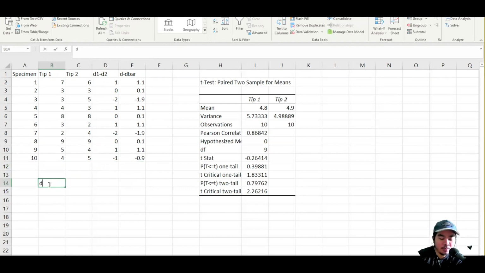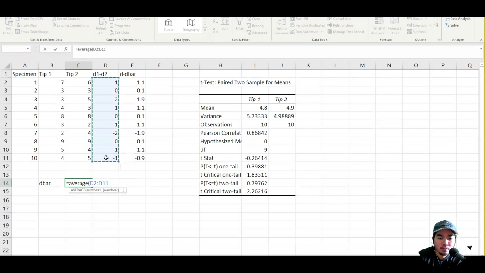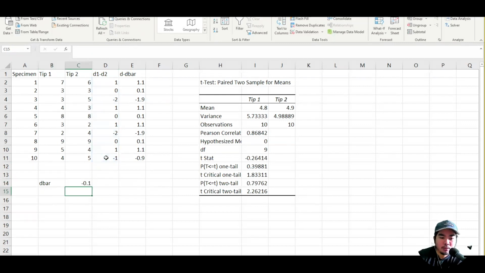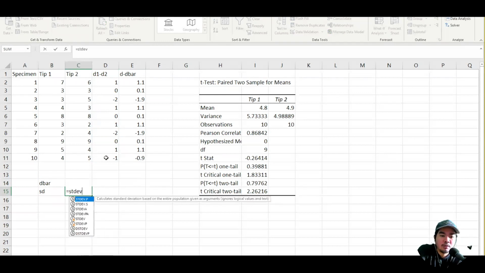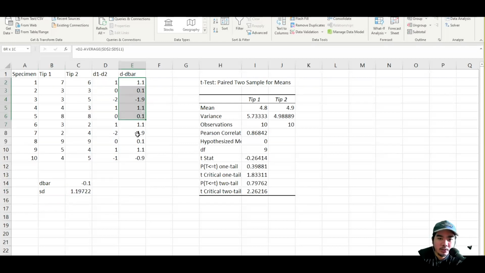Ang gawin natin is d bar muna. D bar is just equal to the average. Tapos, yung SD natin, this is the standard deviation of this one. So, hindi natin kailangan itong d minus d bar.